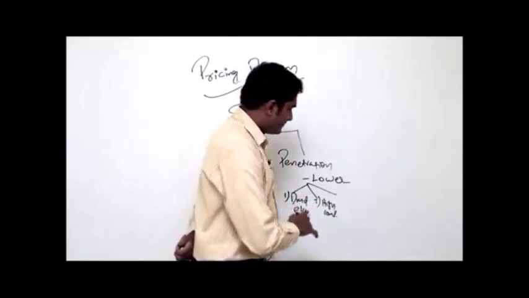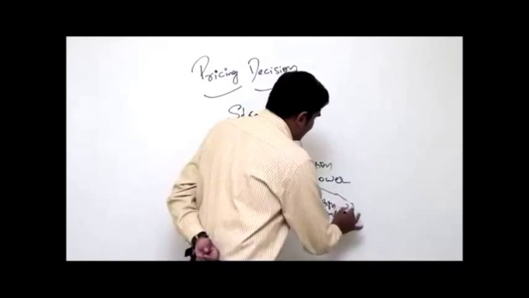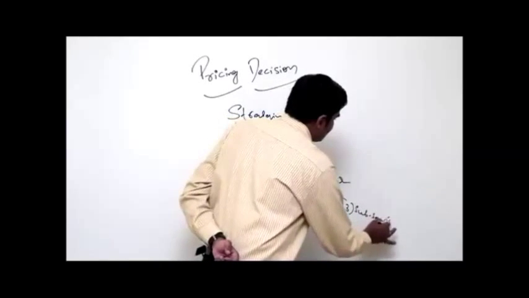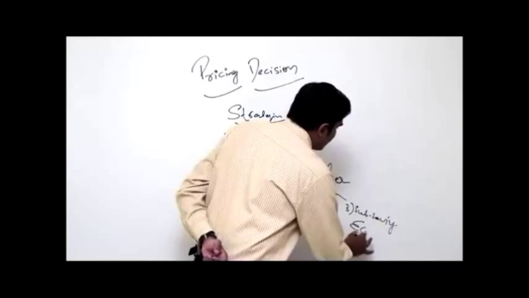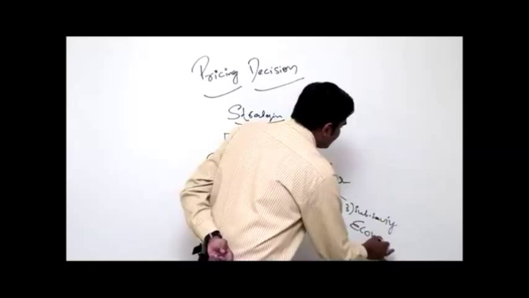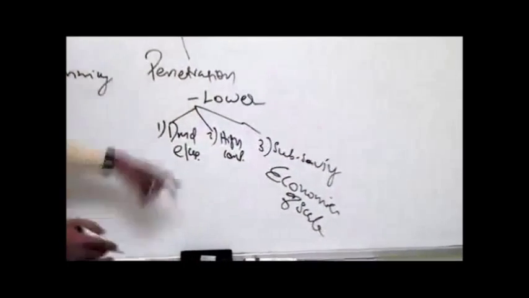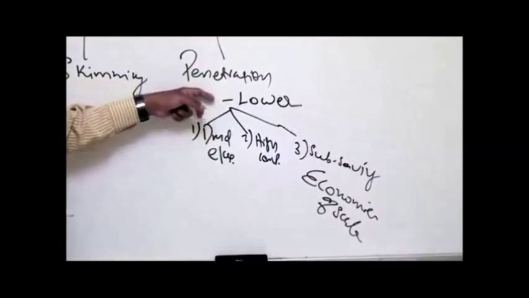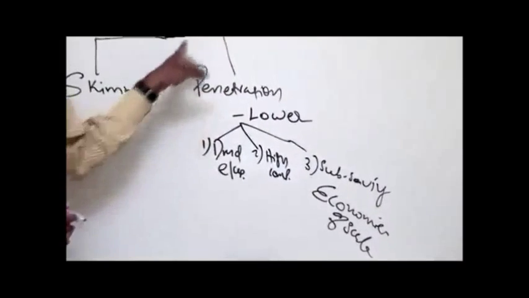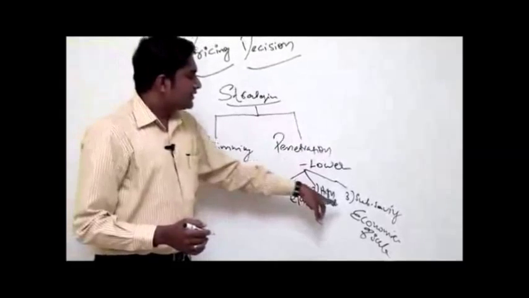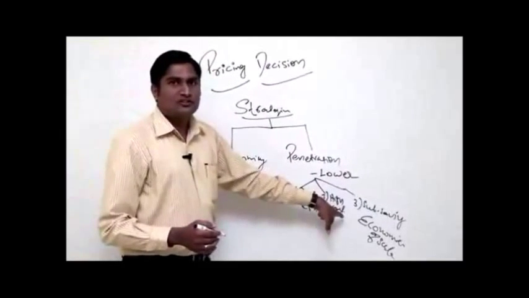And third one, substantial saving due to economies of scale. By charging the lower price, the firm can capture a wholesome part of the market, and by that it can increase its volume of production.